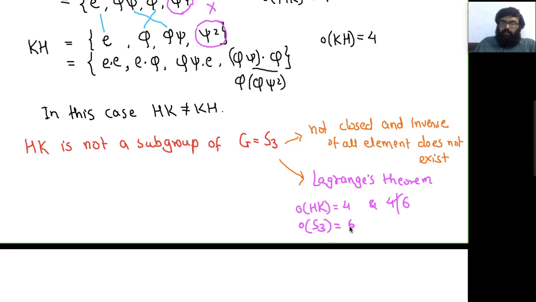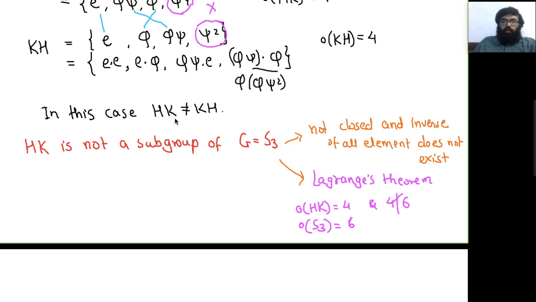Lagrange's theorem we had seen: the order of a subgroup divides the order of the group. So if HK is a subgroup, the number of elements in HK must divide the number of elements in S3, that is 6. 4 does not divide 6, therefore HK cannot be a subgroup. So there are two reasons here. One can see it directly, or otherwise using Lagrange's theorem.